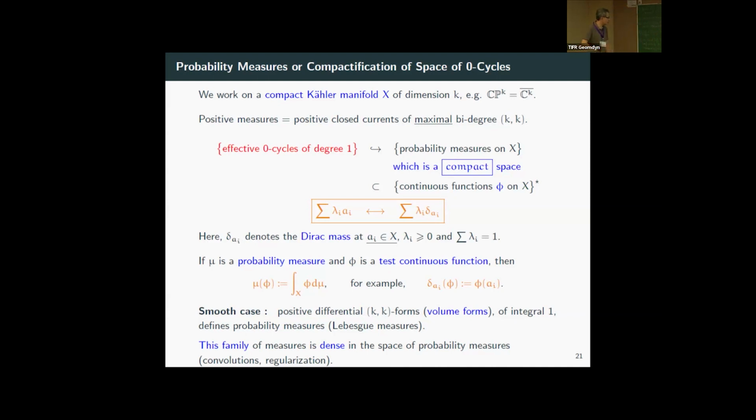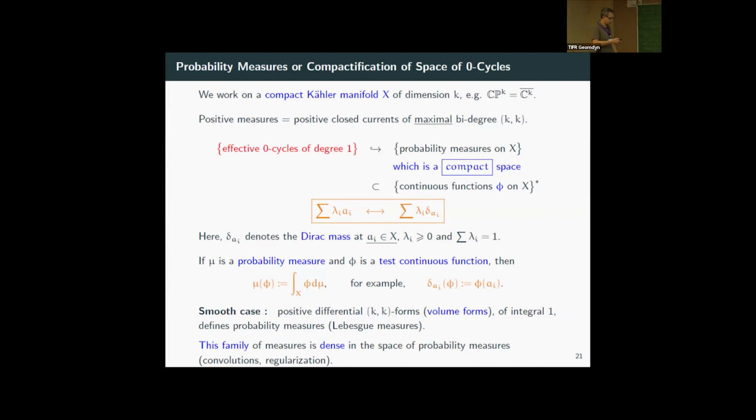If you have a volume form of integral 1, then you can define the probability measure, like a Lebesgue measure. Actually, this family of smooth measures is dense in the space of probability measures. So which means that given any probability measure, you can approximate it by volume forms. This is a classical theory of using either convolution or other techniques. You can do that.